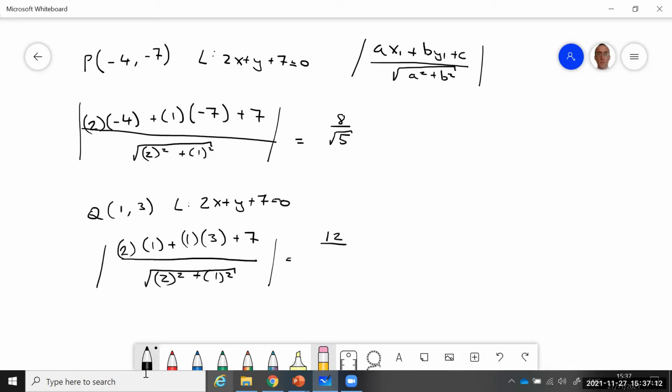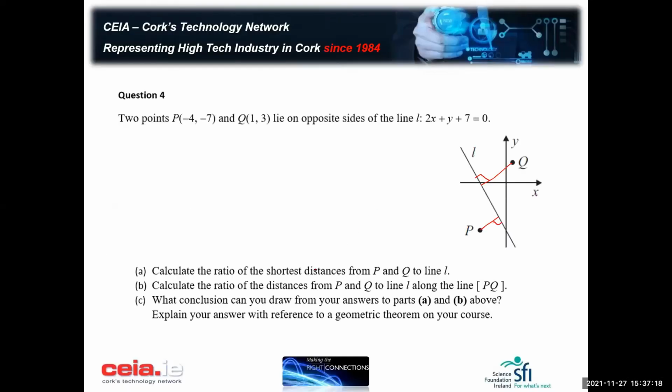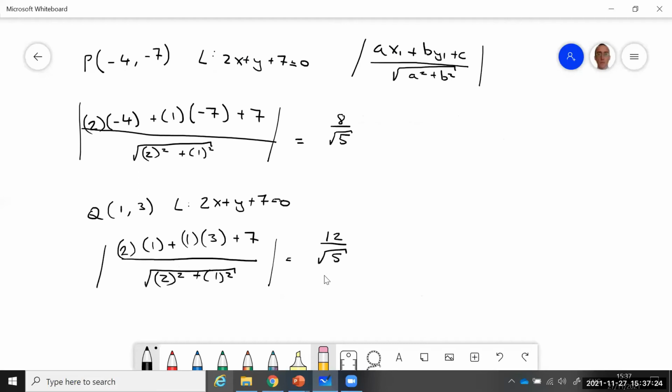That's 12 over root 5. Okay, so the question said calculate the ratio of the shortest distances from P and Q to line L. So the ratio is 8 over root 5 to 12 over root 5, and that equals 8 to 12, which equals 2 to 3.